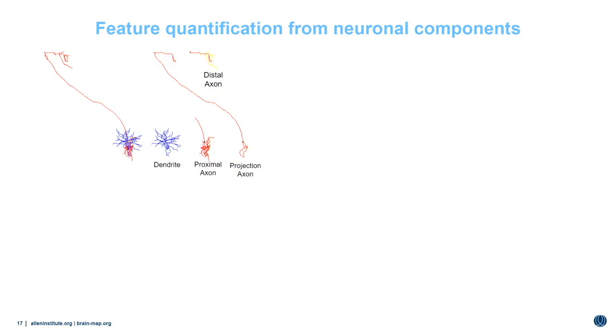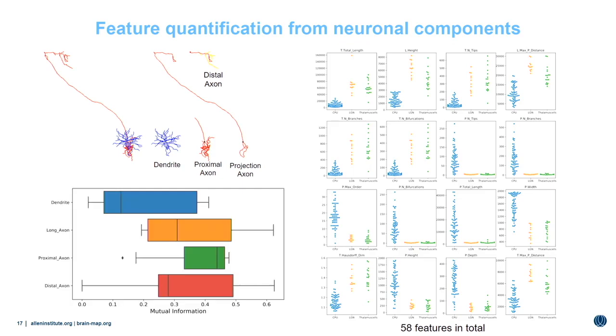With full morphology, we can now expand our study to the long projection axon shafts as well as the distal axons. Actually, features from these regions turn out to be very useful for classifying different cell types. As you can see, these long axon features and distal axon features showed high mutual information.